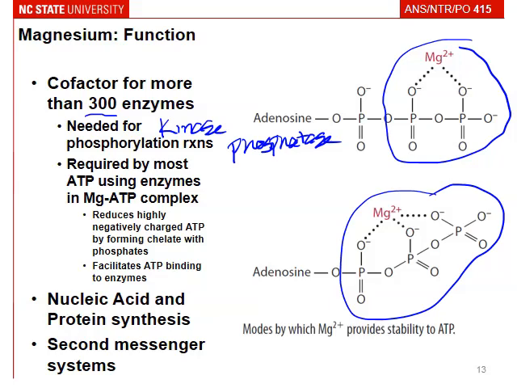And it's not just ATP, also GTP. Magnesium is also required for nucleic acid and protein synthesis. And it's also critical for our second messenger system. So typically when we're thinking about second messengers, we are thinking of calcium's role in that, but magnesium is also pretty critical in maintaining the second messenger signaling pathway.